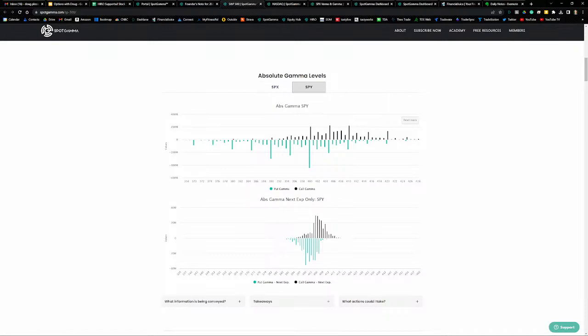And note all of the call gamma above that 400 level, and most of the put gamma located below the 400 level. There's very little call gamma below the 400 level.